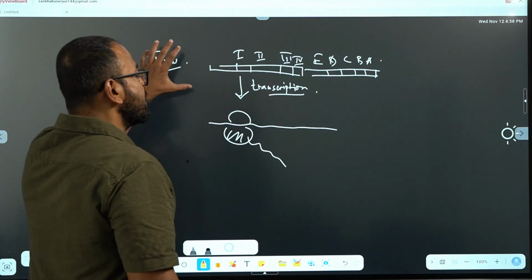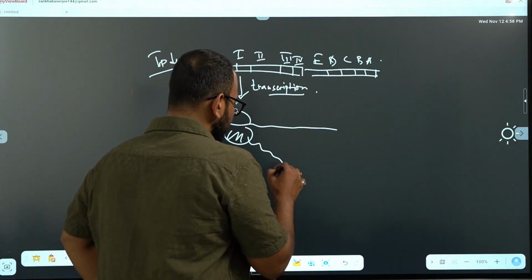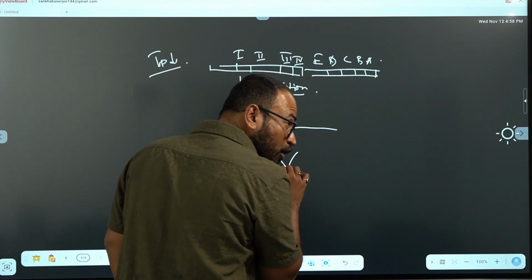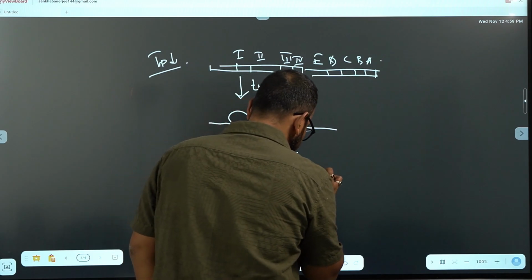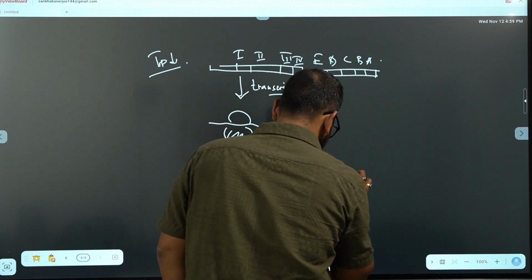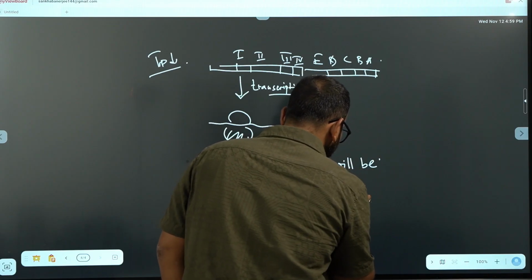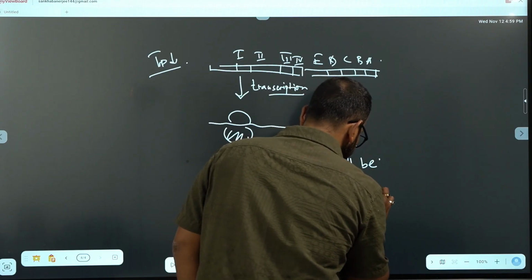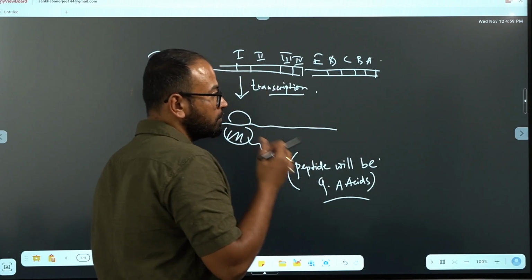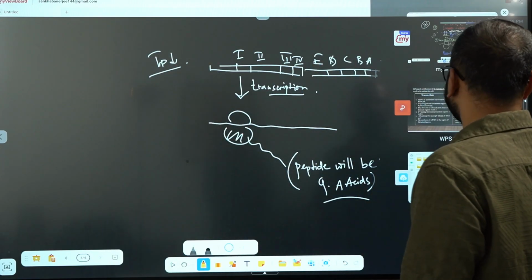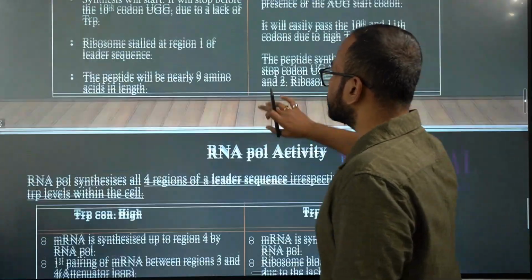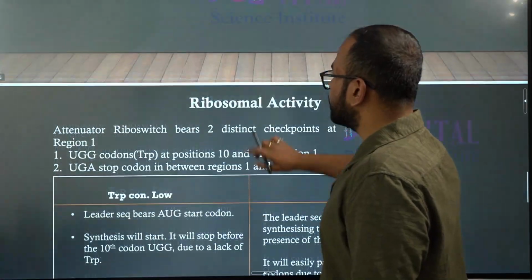Now, tryptophan concentration is low. That means this overall peptide will be 9 amino acids in length, because we all know why 9 amino acids, as we have discussed previously. Why 9 amino acids?